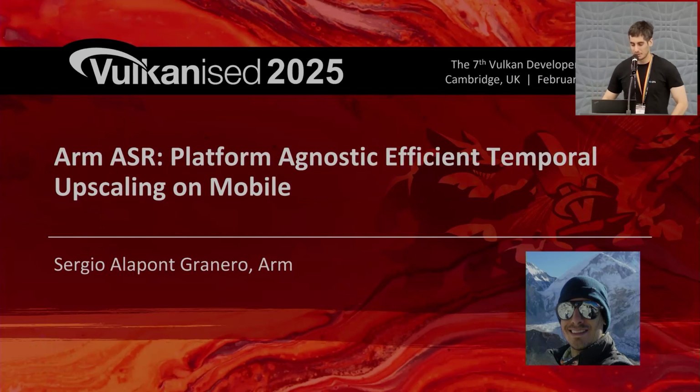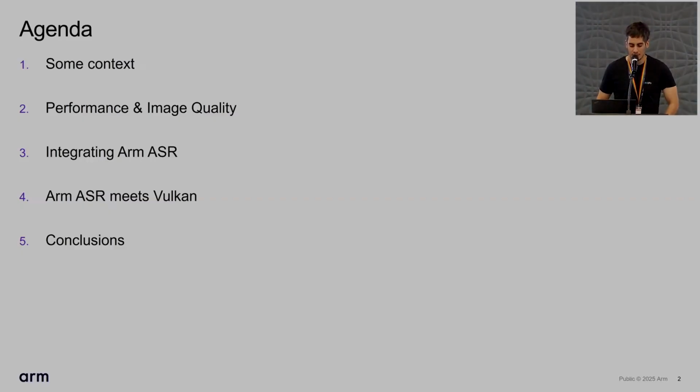So today we are going to talk a bit about super resolution and how we brought temporal super resolution, or temporal upscaling, efficiently to mobile. Here's a high-level overview of the agenda. I'll start with quick context: what was the motivation for doing this? Then some performance and image quality metrics, because we all love that data as engineers, I guess.